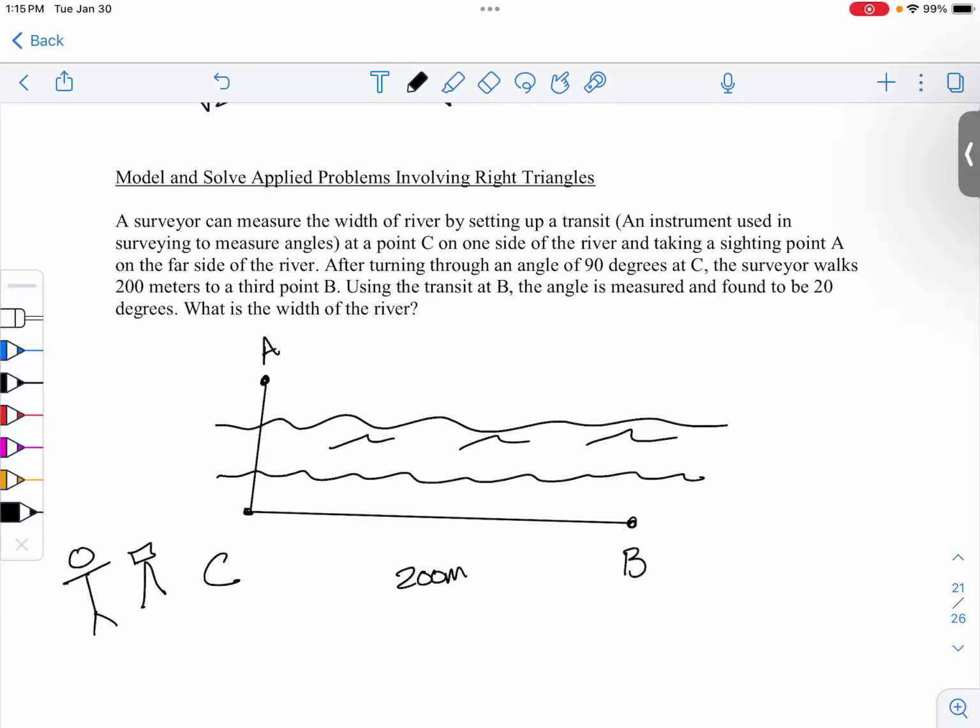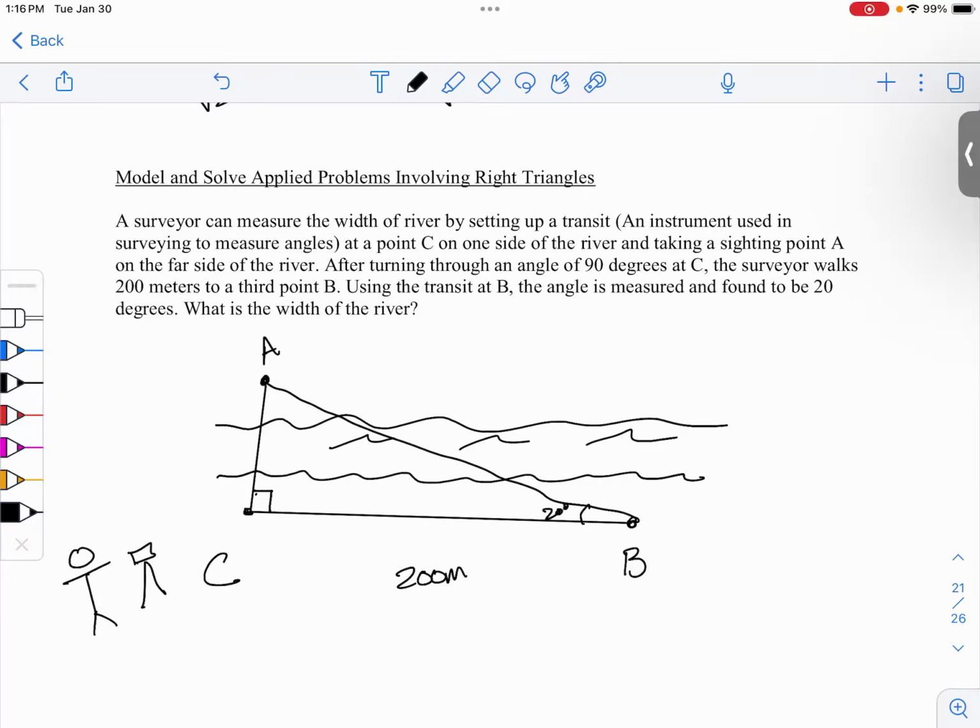Okay, the surveyor walks 200 meters to a third point, turns 90 degrees, so he made our right angle, and then found a point over here. Then he measured the angle at B, measuring back to point A. We found that to be 20 degrees.